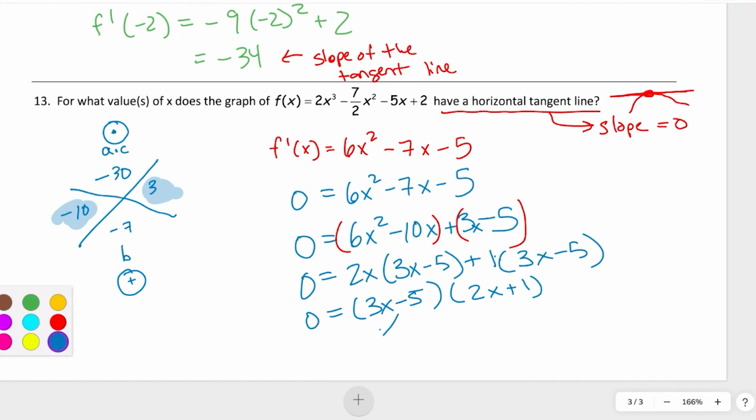So the graph has a horizontal tangent line at the following two x values. 3x minus 5 equals 0, and 2x plus 1 equals 0. We can solve each of these, and we're going to get x equals 5/3, and then we also get x equals negative 1/2.